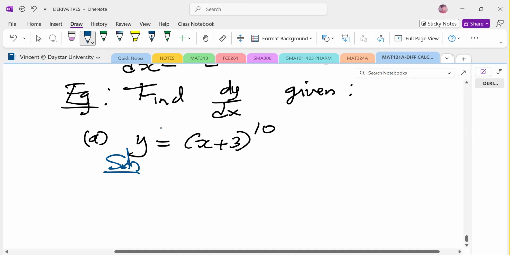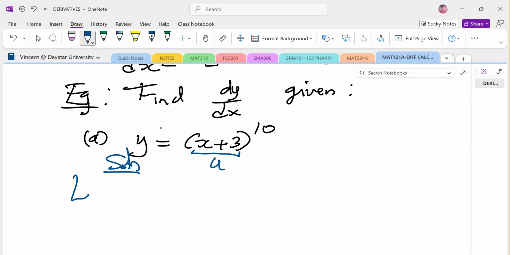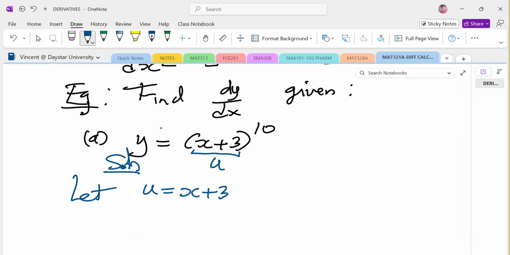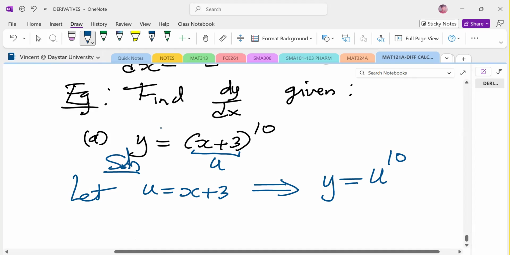So this bracket, you fix it with the variable u. So you'll say let u be the bracket which is x plus 3, which means then by letting this bracket be u, the function would be y equals u power 10, because the contents of the bracket have been fixed to u.